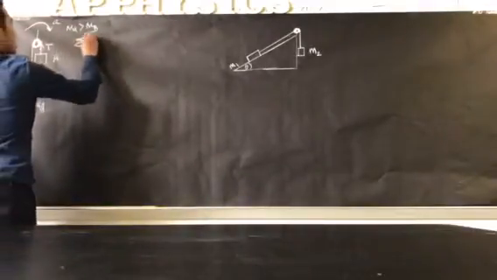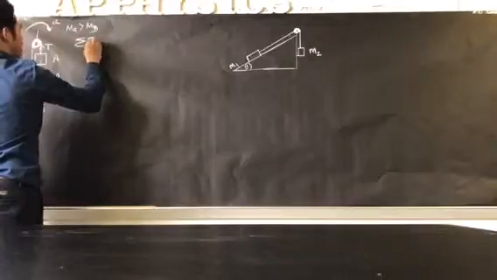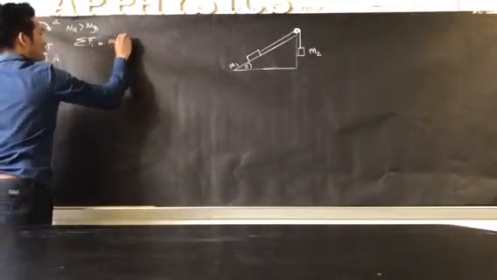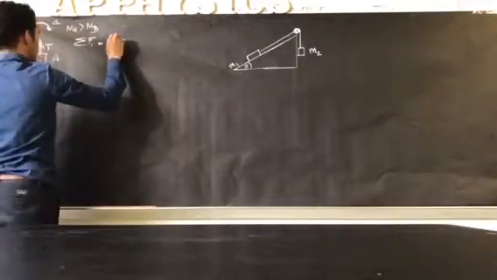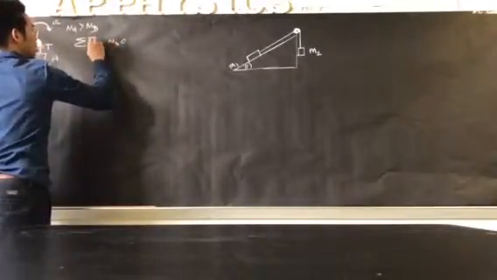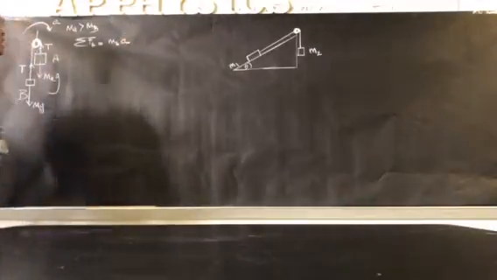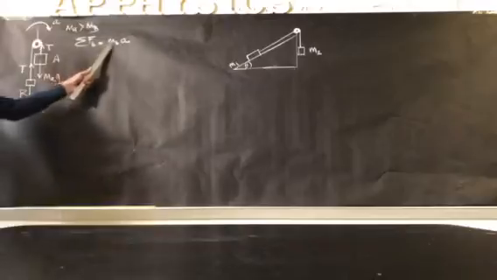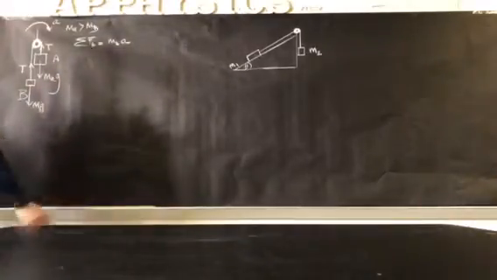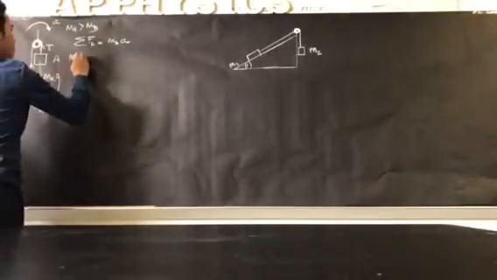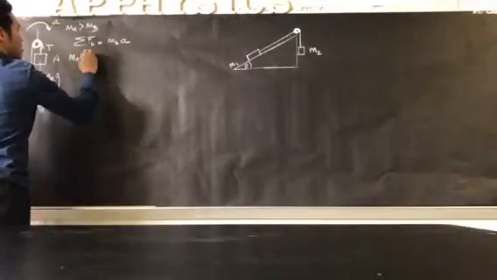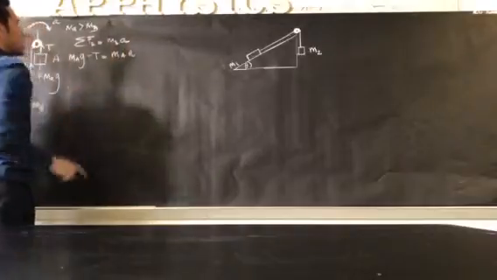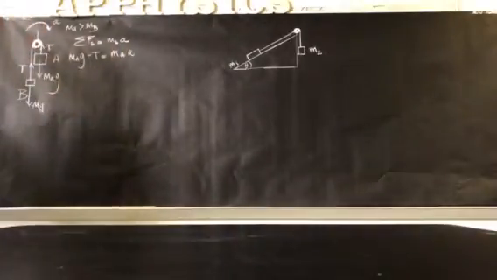Taking box A, the sum of the forces involved on box A is equal to mass A times acceleration A. So m_A g minus the force of tension is equal to mass A times acceleration. That's the first equation you need to know.